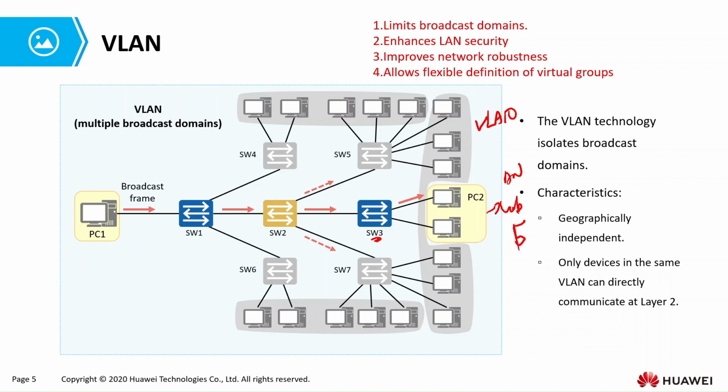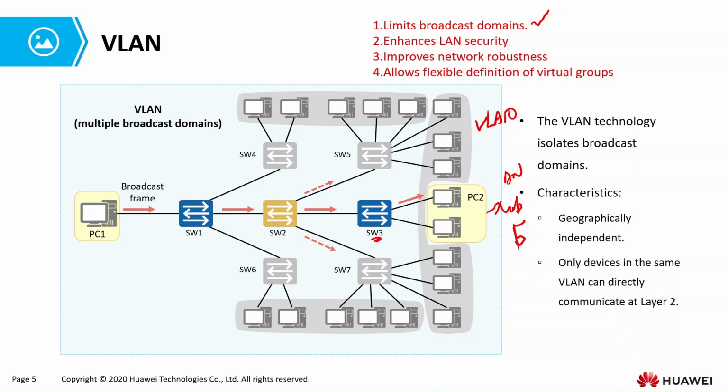So the advantages are always asked under your HCIA Datacom multiple choices. What are the benefits, or the advantages, or the problems they are trying to address with the virtual network? First, you limit the broadcast domain, because you no longer need to flood to all the layer 2 switches and other layer 2 devices.